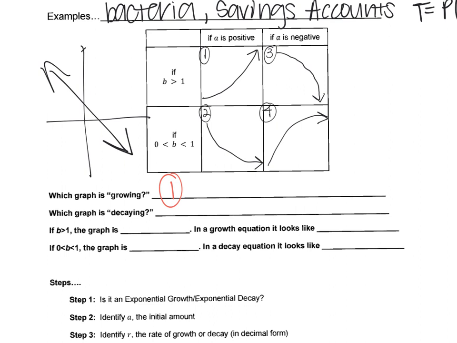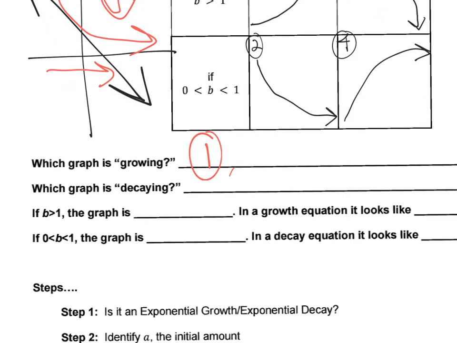Nice negative. Same thing with an exponential. It's coming and going down this way. Same direction. As I move farther along this way on my x, I'm going down on my y. So that would be graph 2.